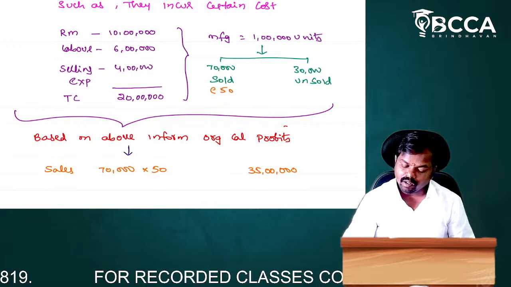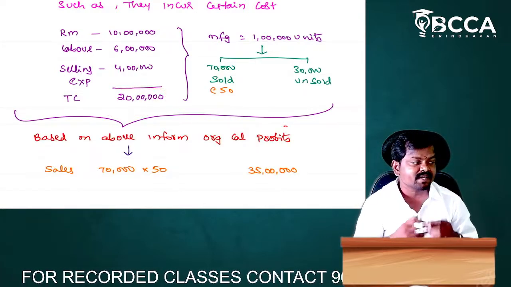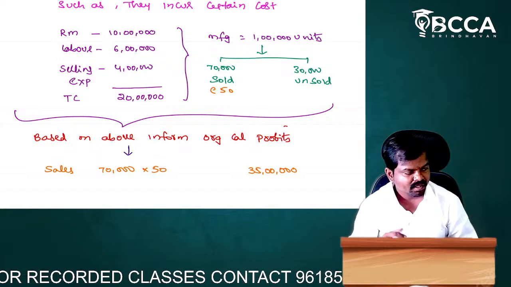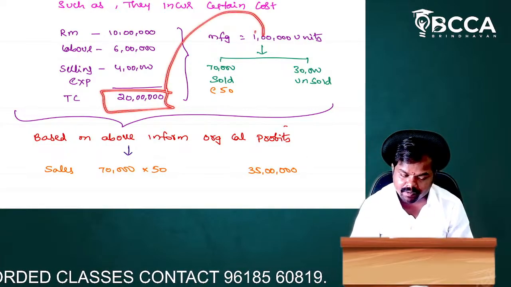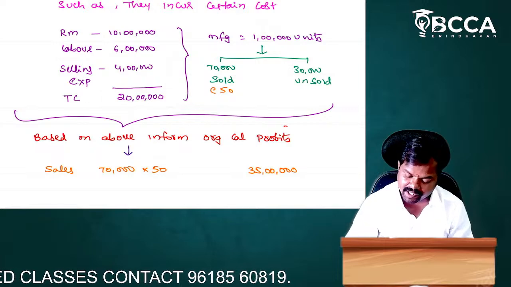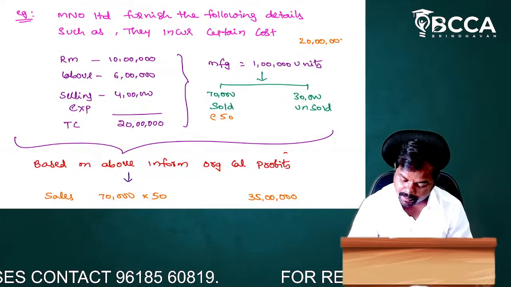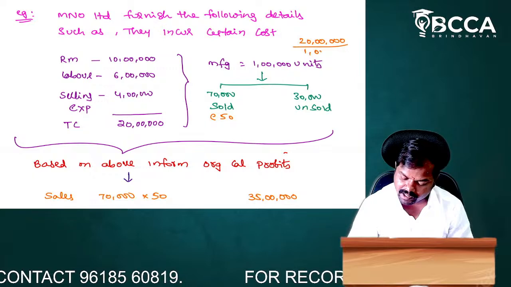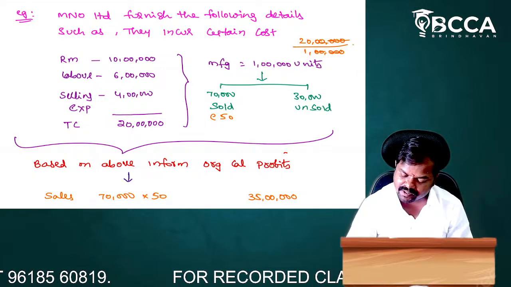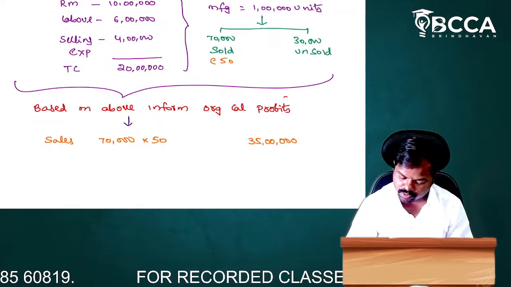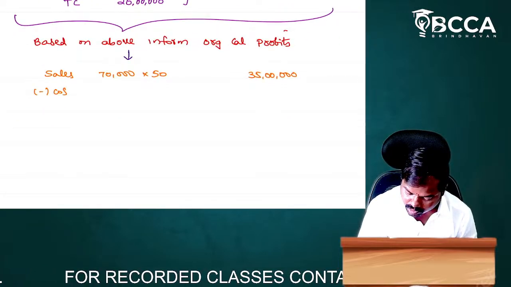Before itself, we discussed expired cost and unexpired cost. We spent 20 lakh for 1 lakh units. It means 20 lakh divided by 1 lakh units, per unit cost is 20. We write minus cost.